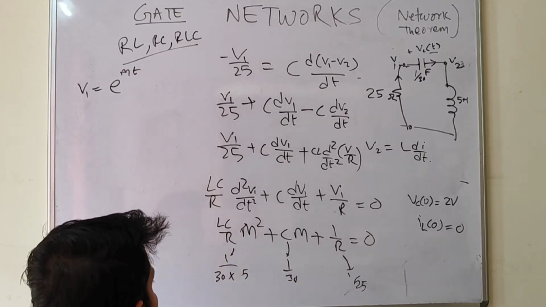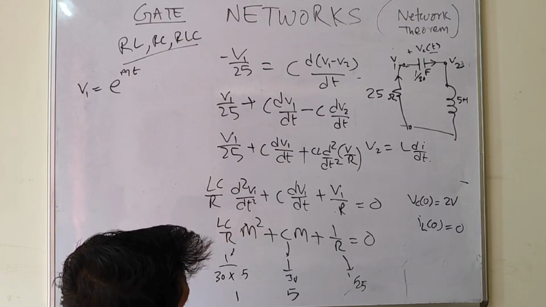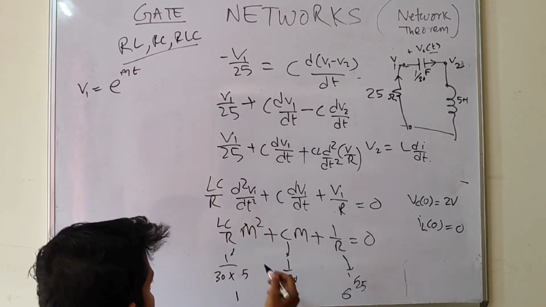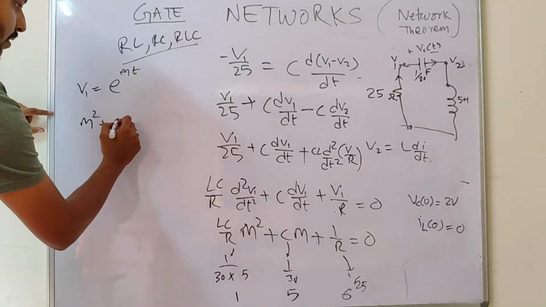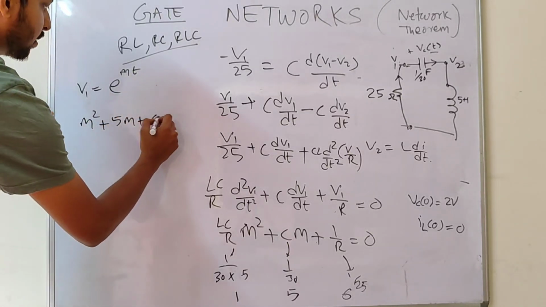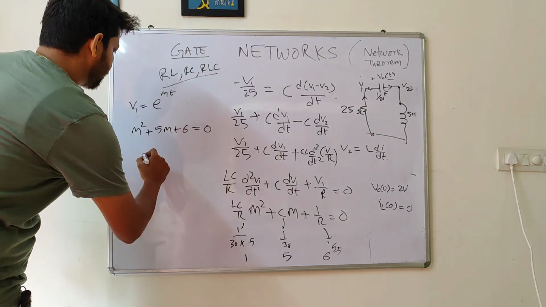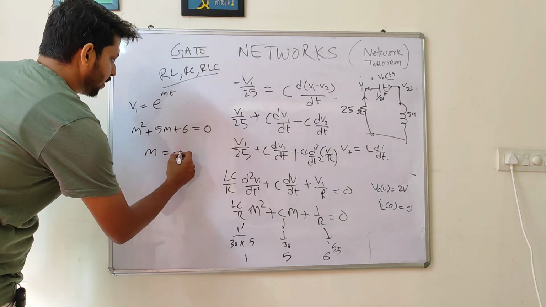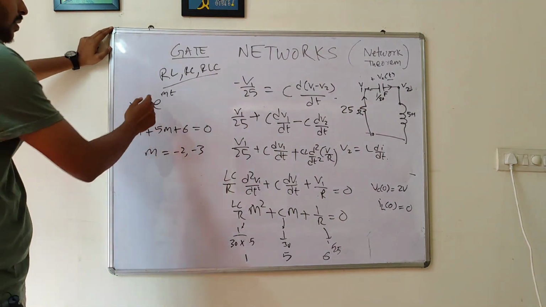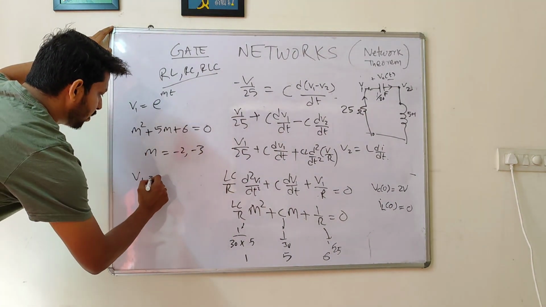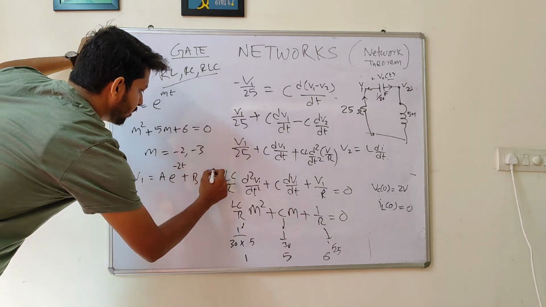Again we can multiply it by 150, so this coefficient becomes 1, this becomes 5, and this becomes 6. So this is m square plus 5m plus 6 equals 0. So m will be -2 and -3. These two solutions are there, so V1 is a sum of two exponentials, e to the -2t and e to the -3t.